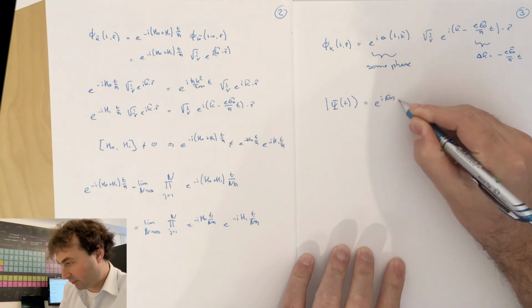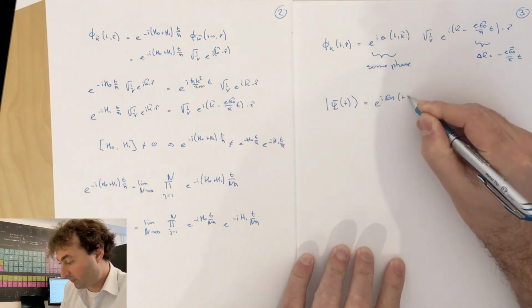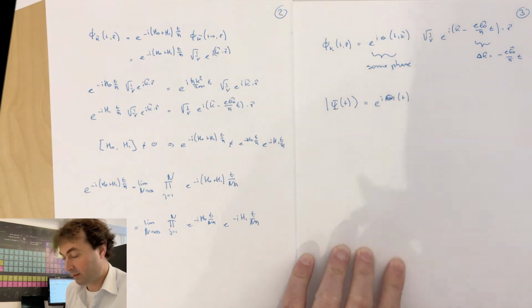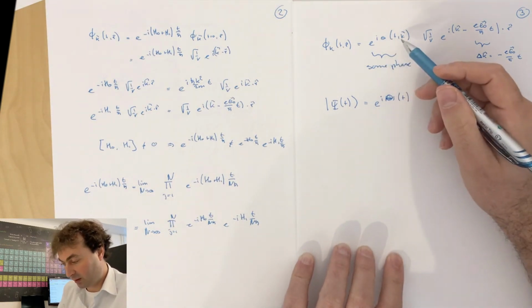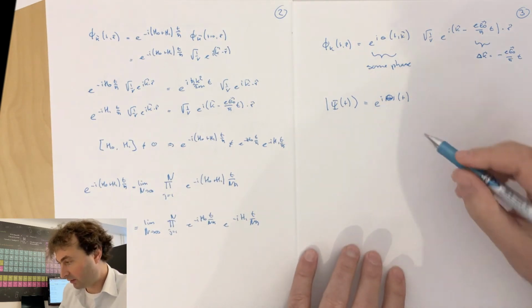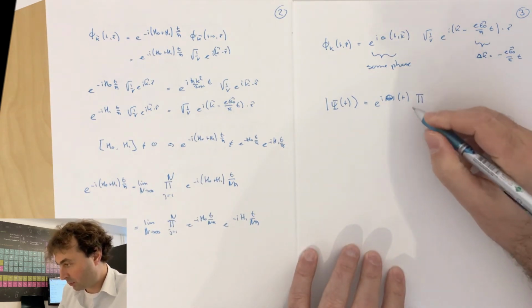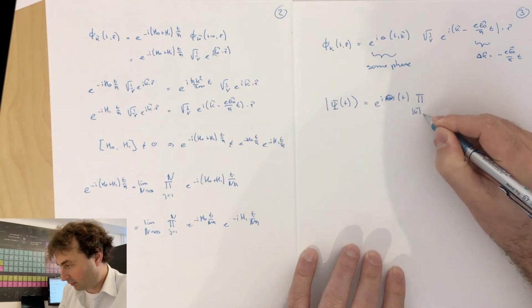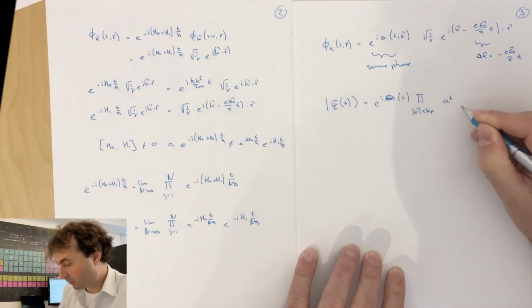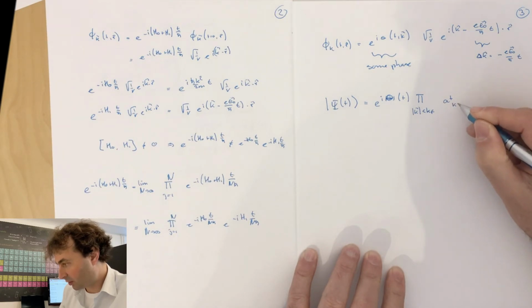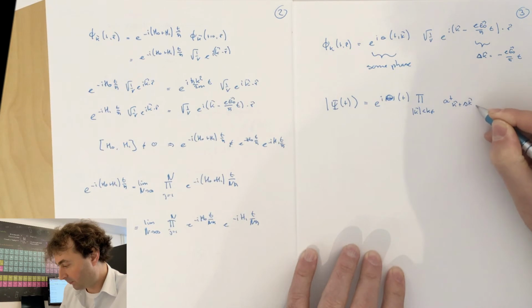So we have some phase that we gain, which is the product of the phase that we gain, which is some phase for each k vector. Then we have the product of all k vectors smaller than the Fermi vector, and we generate our wave function at k plus delta k.